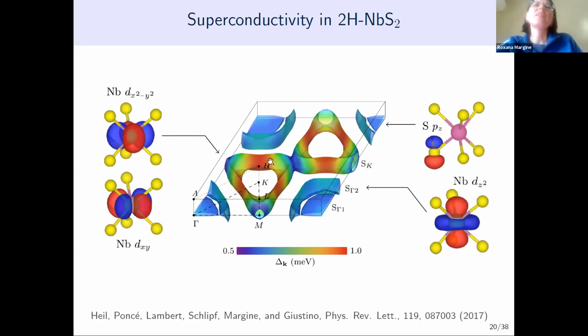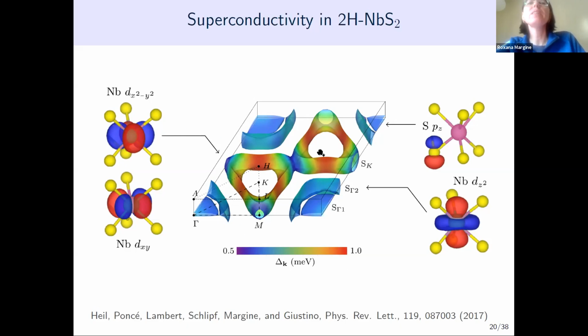the superconducting gap on the K-centered Fermi surface varies in a wide range between 0.5 and 1 electron volts.